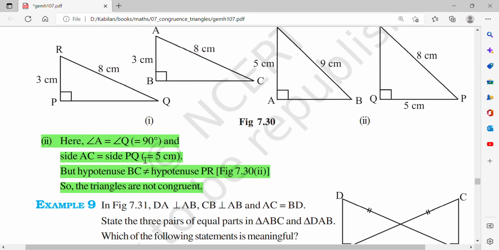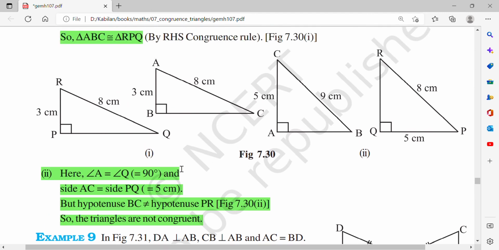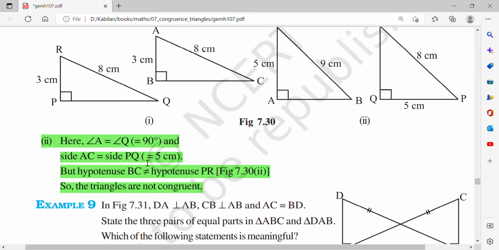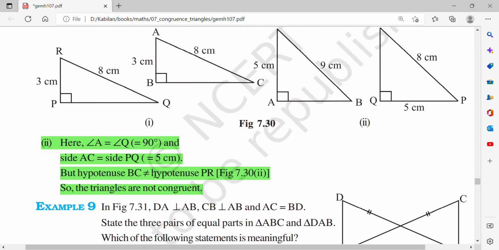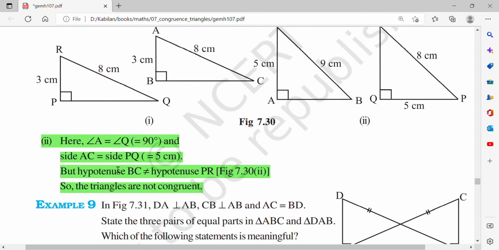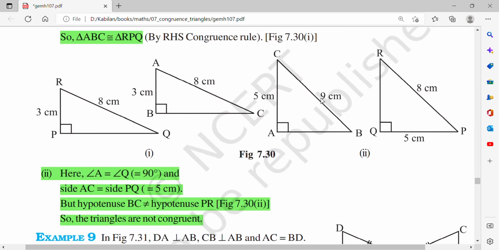Now on the second figure, you see the angle is given, and the side AC also is given, but the hypotenuse has a different length: here 8 centimeter, here 9 centimeter. So this is not a right angle congruency.